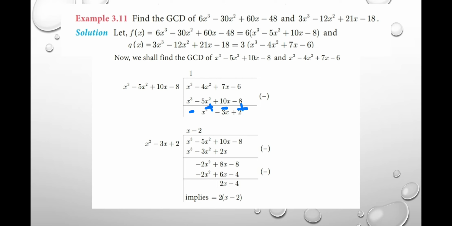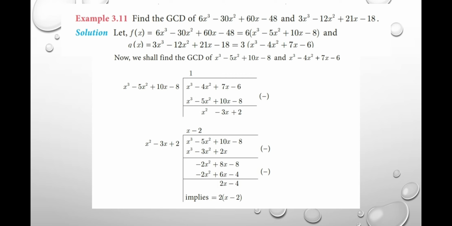Then simplify: x cube minus x cube gets cancelled, minus 4x square plus 5x square is x square. Then 7x minus 10x is minus 3x. Minus 6 plus 8 is plus 2, that is 8 minus 6 is 2, put the sign of the biggest number, plus 2.